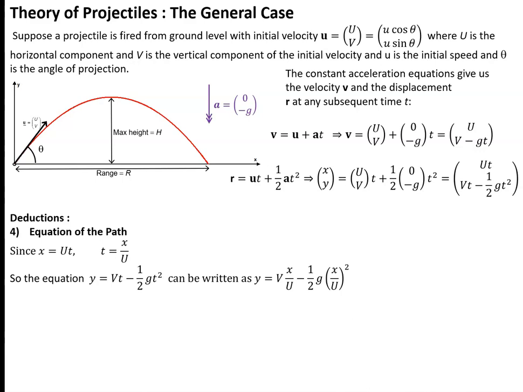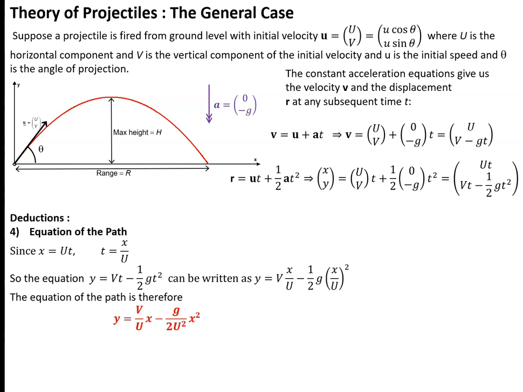And if we substitute for t, that gives me y is V times x over U minus a half g times x over U squared, which simplifies to y equals V over U times by x minus g over 2U squared times by x squared.